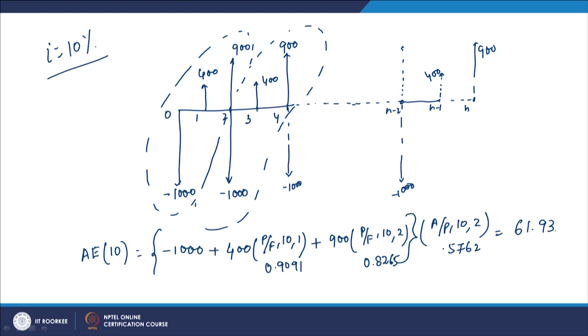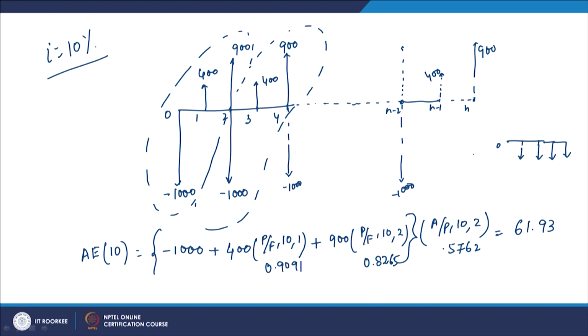Now, this 61.93 will be for this. So, it will be like at 0, then 1 and 2 will be 61.93. Similarly, if you go further, 3 and 4 will also be 61.93. So, this 61.93 is not going to change.